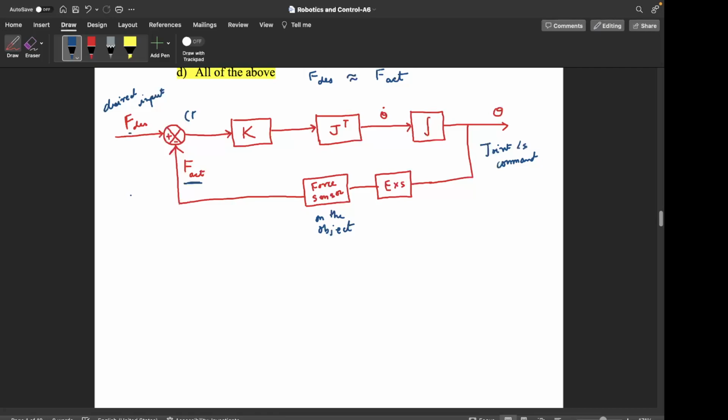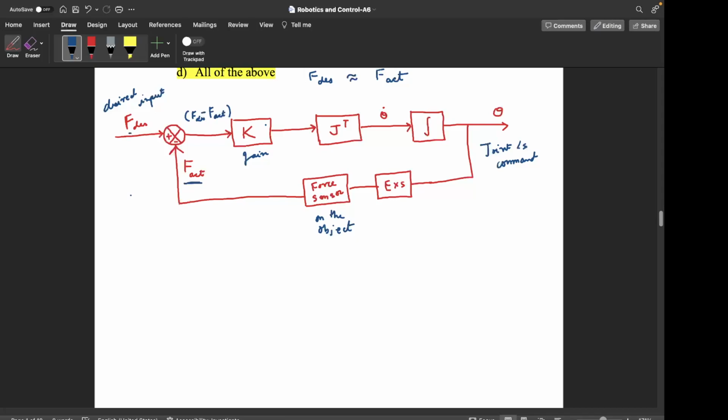It will be F desired minus F actual, right? Then this term is the gain, similar to the gain that you had seen in PD control. Whenever we were multiplying the error with a certain constant, that's a gain value. So you would have to tune that, okay, what will that gain value do?